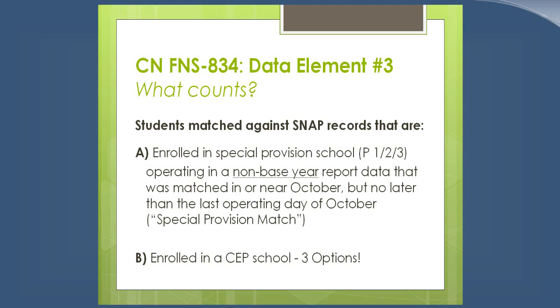In non-base year provision schools, they go into the FNS-834 data element 3. For students enrolled in a CEP school, there are 3 options of the data to report for data element number 3. We're going to cover those. And just to clarify, remember that there is no base year in CEP schools, so this data will always be reported on the 834.